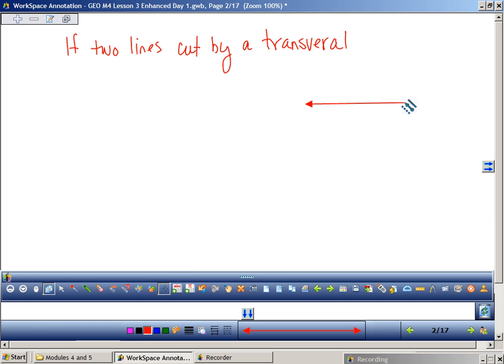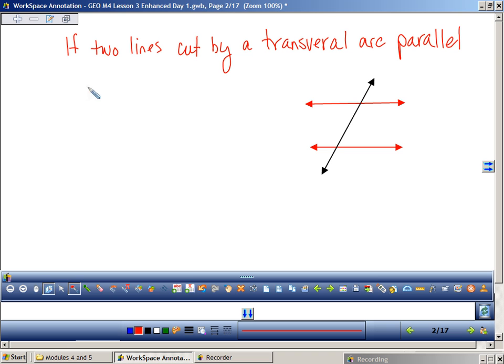If two lines are cut by a transversal are parallel. I could have said that better.